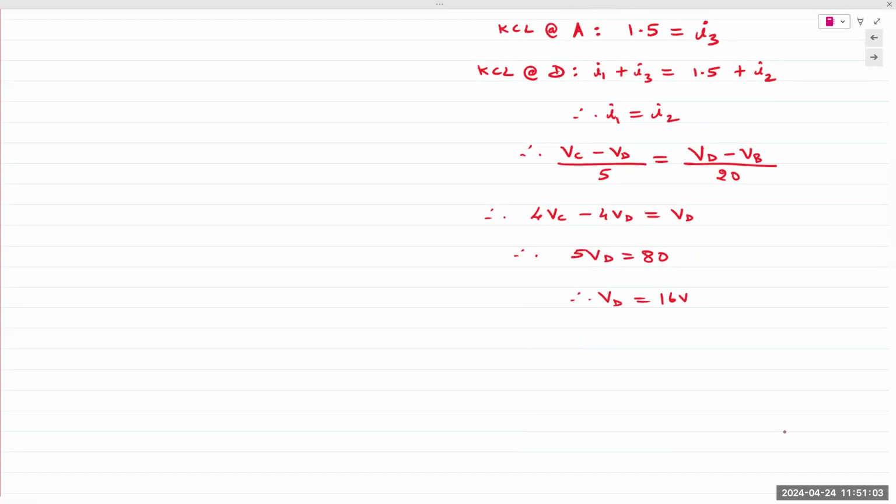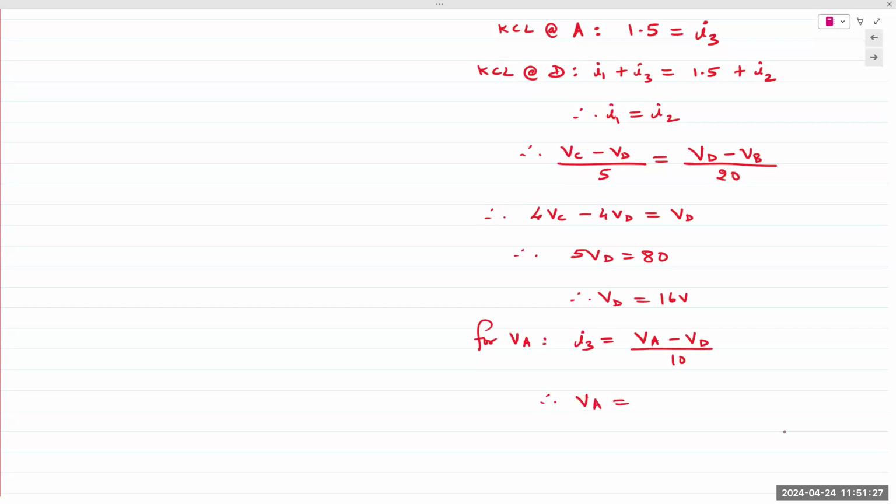The equation that makes the most sense is I3. So for VA, I will choose I3. I3 is flowing from A to D, from right to left. That means A is higher. So VA minus VD divided by 10.